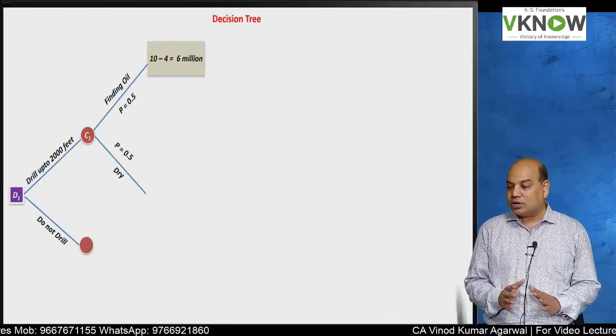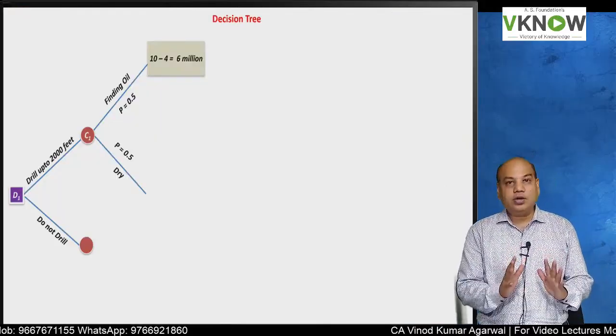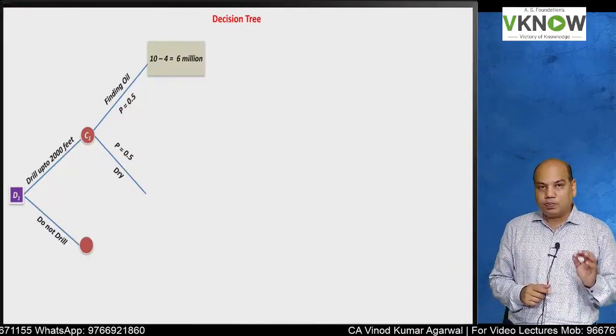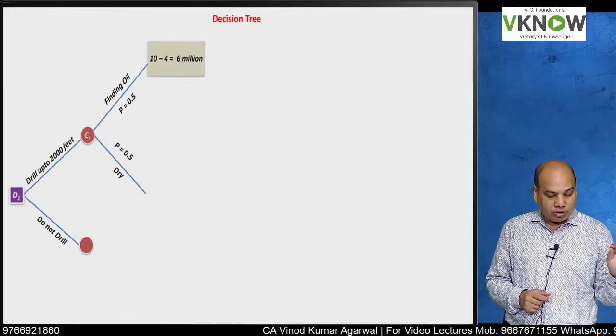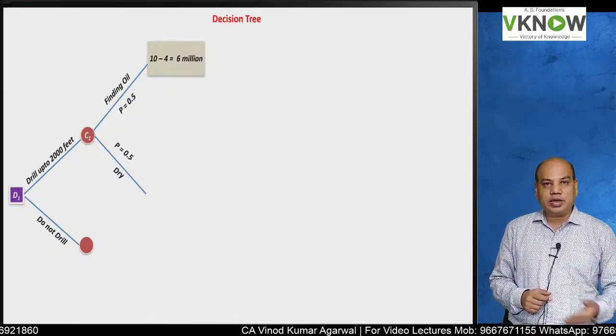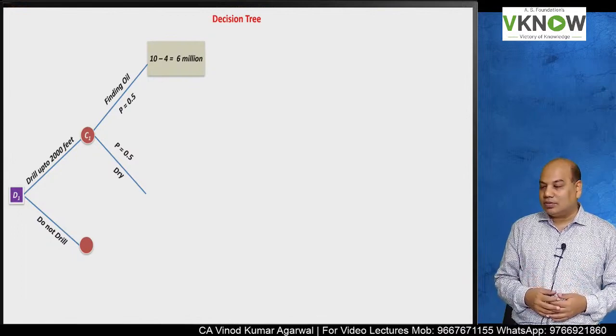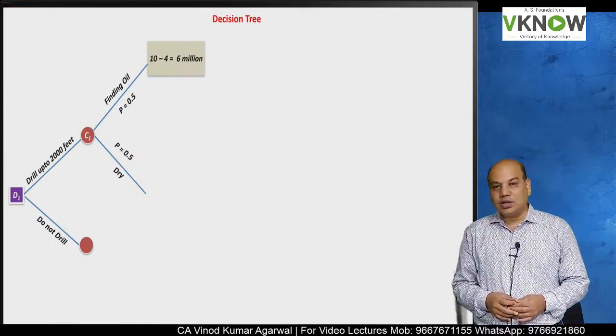Now see the calculation. If you find oil, you will write your PV of oil is 10, minus 4 is your cost of drilling. So net PV would be 6 million.